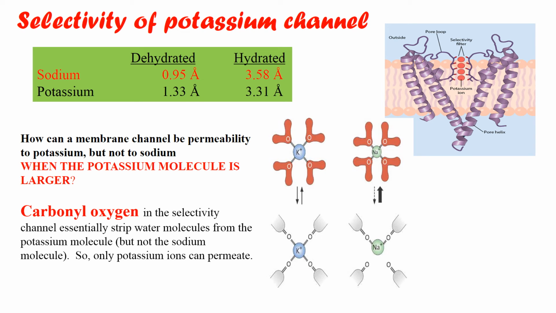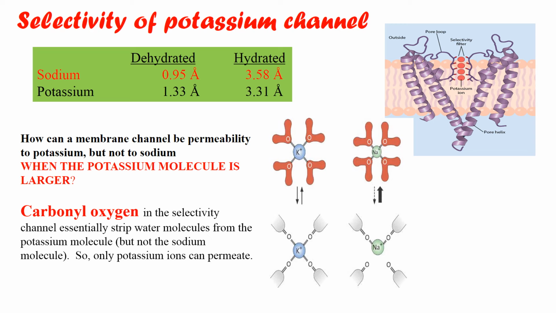the carbonyl oxygens present in the selectivity filter are responsible for stripping off the water molecules from the potassium, but they are not able to do so for the sodium ion. Why? Because the sodium ion is so small that it doesn't fit into that selectivity filter, as a result of which the sodium does not shed its water molecules and the size remains larger.